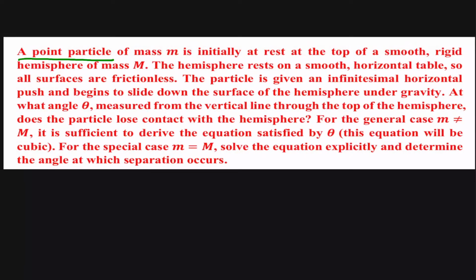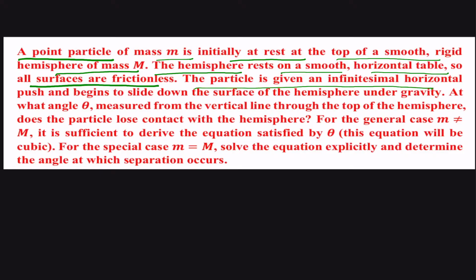a point particle of mass m is initially at rest at the top of a smooth rigid hemisphere of mass M. The hemisphere rests on a smooth horizontal table, so all the surfaces are frictionless. The particle is given an infinitesimal horizontal push and begins to slide down the surface of the hemisphere under gravity.